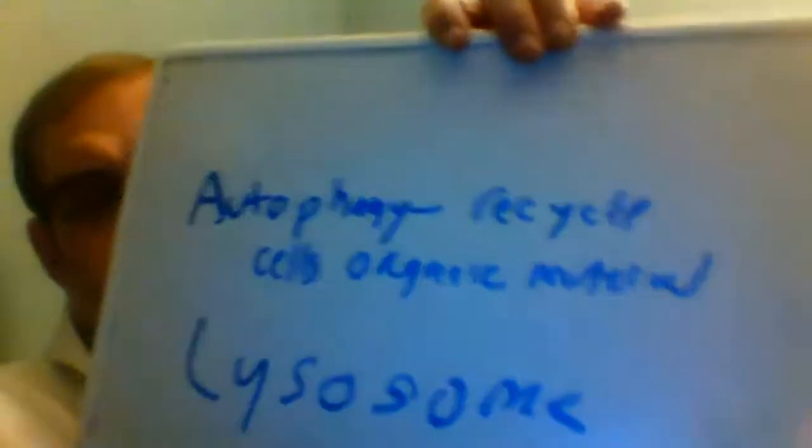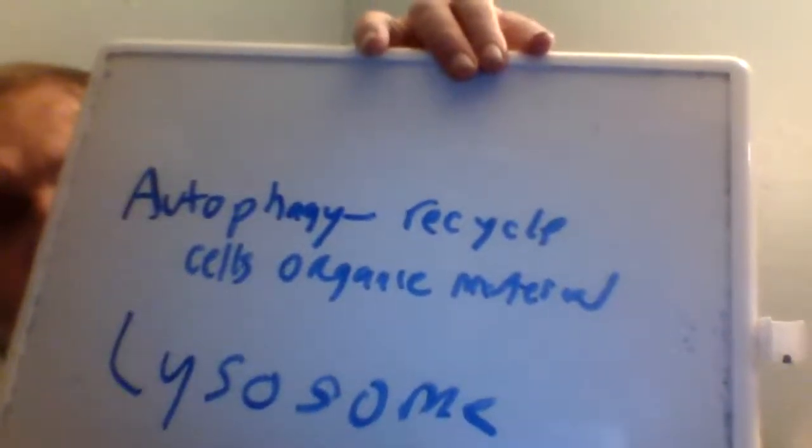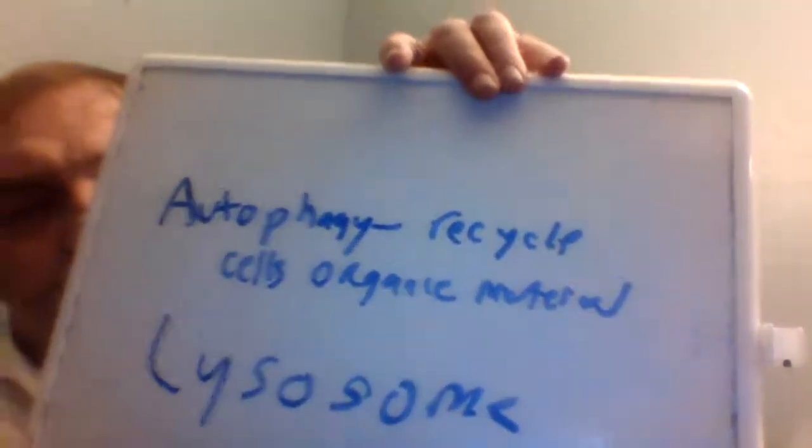Probably not pronouncing it very well, but autophagy. It's the process of recycling these materials that are no longer needed. Lysosomes break down cellular waste products, fats, carbohydrates, proteins, and other macromolecules into simple compounds, which are then transferred back into the cytoplasm as new cell-building materials.